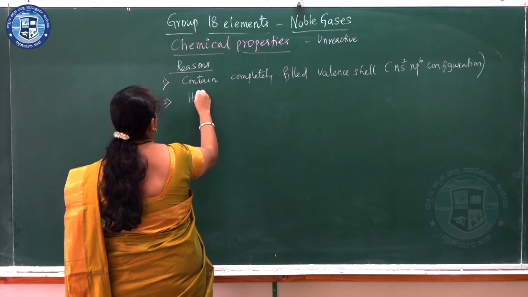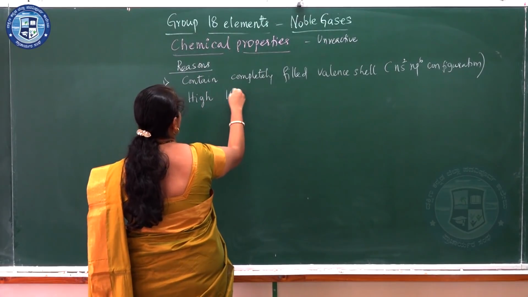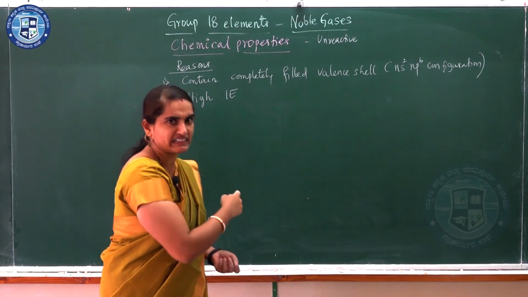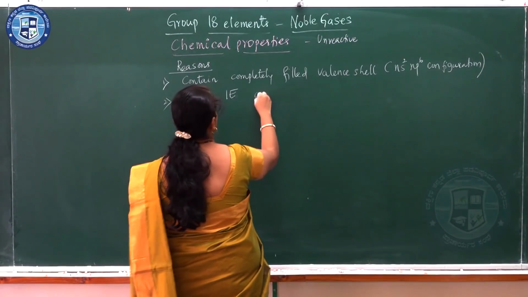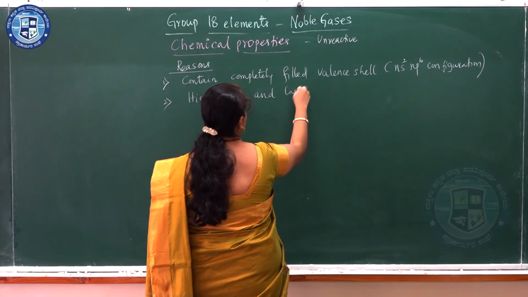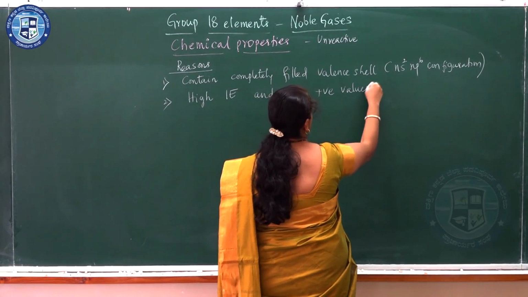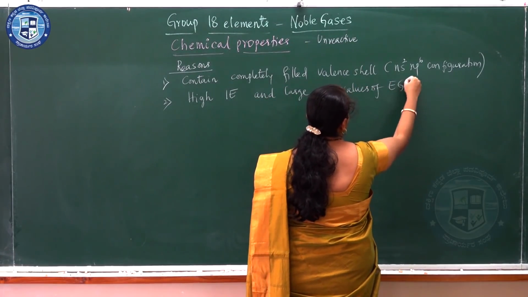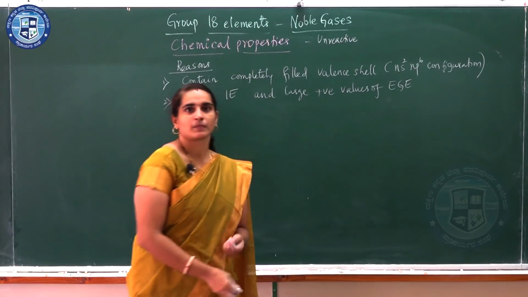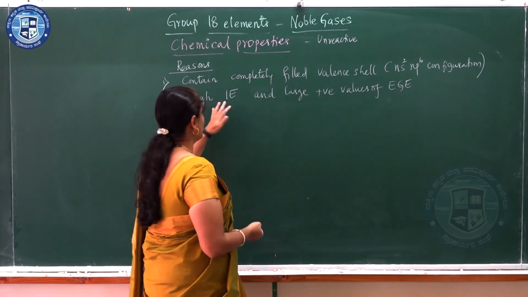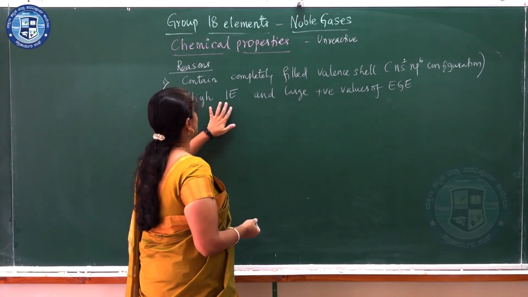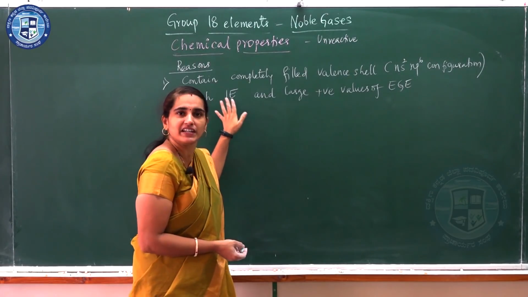And the other reason is they have high ionization energy, IE, and large positive values of electron gain enthalpy. If you want to remove an electron, we have to provide energy, and that energy will be very, very high.